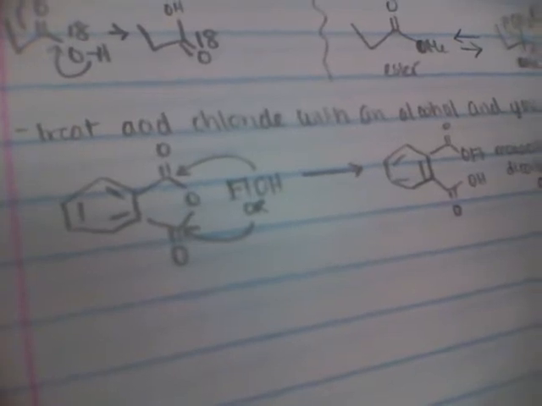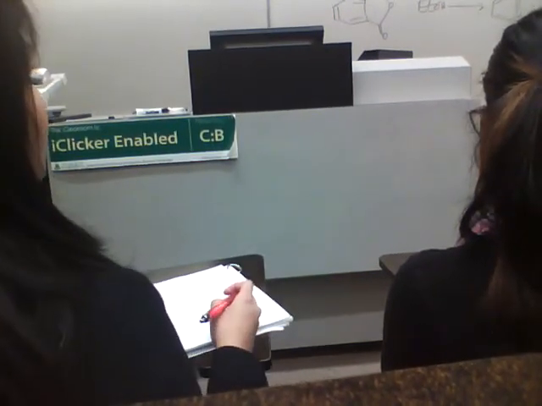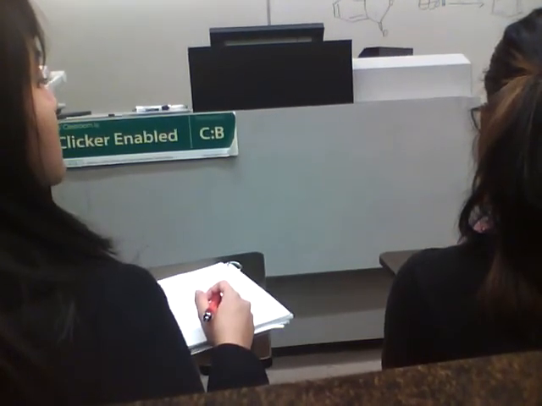Now, I said a moment ago that you could hydrolyze an ester. And you can hydrolyze an ester in two ways. You can either boil it up with base, like aqueous sodium hydroxide, or you can boil it up with an aqueous acid. Let me first give you the sodium hydroxide route.